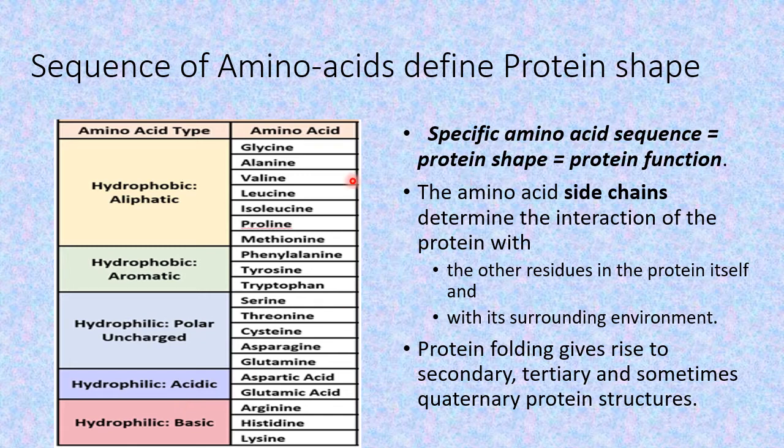So in this manner, these side chains of amino acids define the shape of the protein, and depending upon the shape of the protein, the occurrence of its active site and the various functions of the proteins are defined.